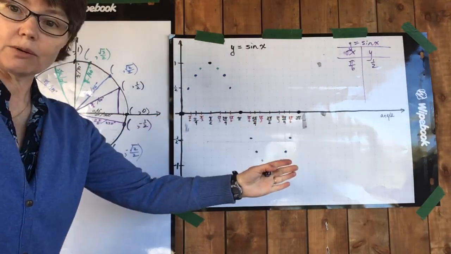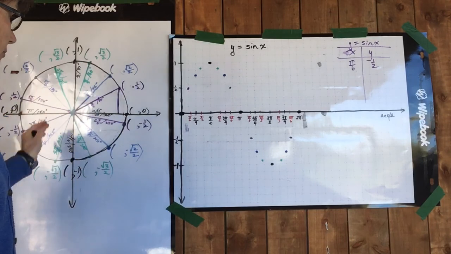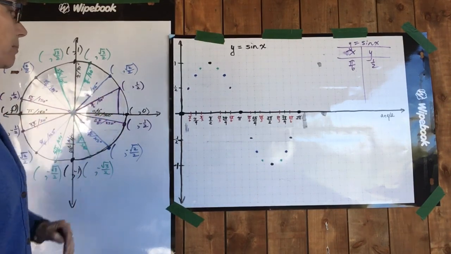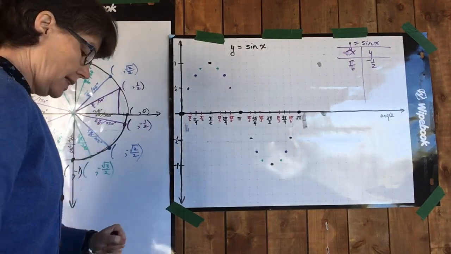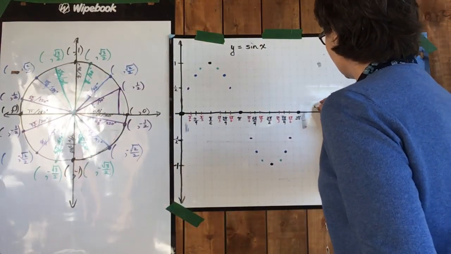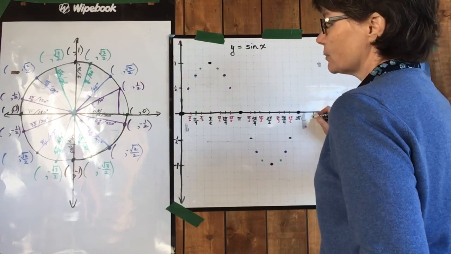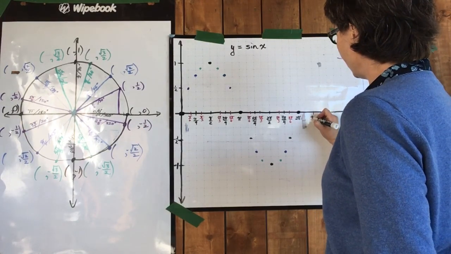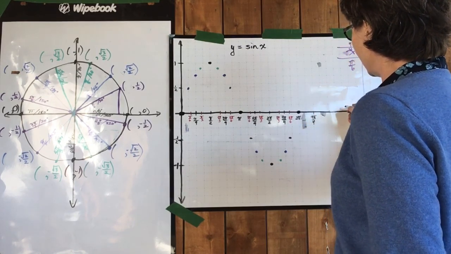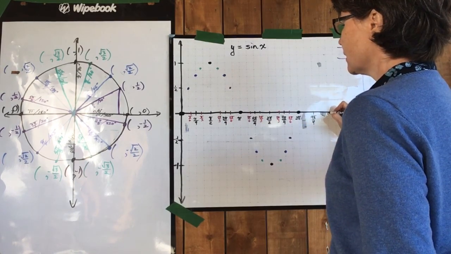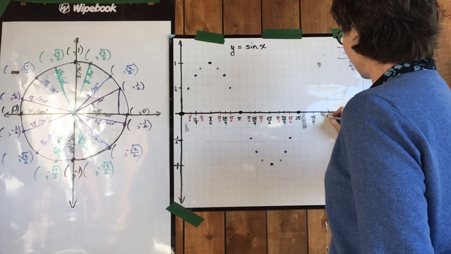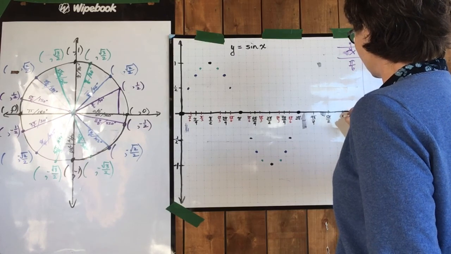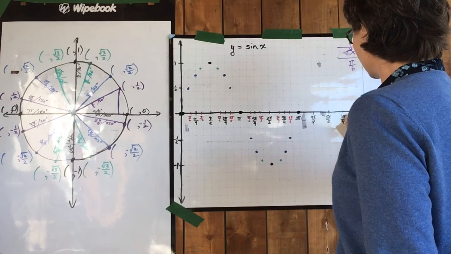We could keep going around the circle if we wanted to. We could go all the way around and continue another pi over 6, or I'll just go to the next pi over 4. So this would be 8 pi over 4, 9 pi over 4, and then 10 pi over 4, which is 5 pi over 2, 11 pi over 4, and so on.